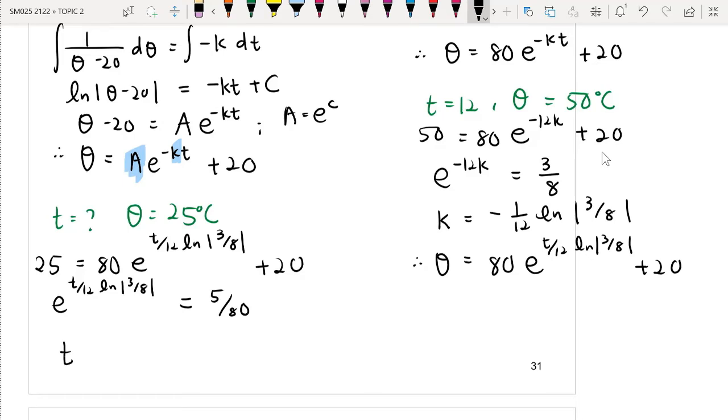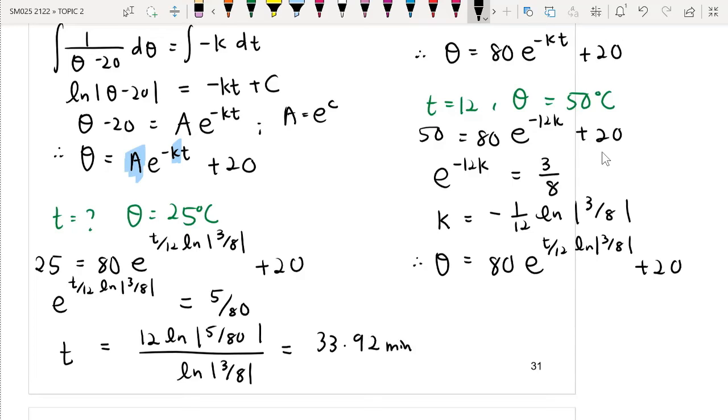So t here would be 12 ln of 5 over 80 divided by ln of 3 over 8. And then you can straight away compute in your calculator. So our time in this case would be 33.92 minutes.